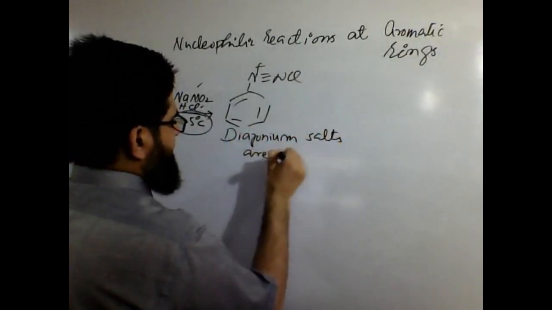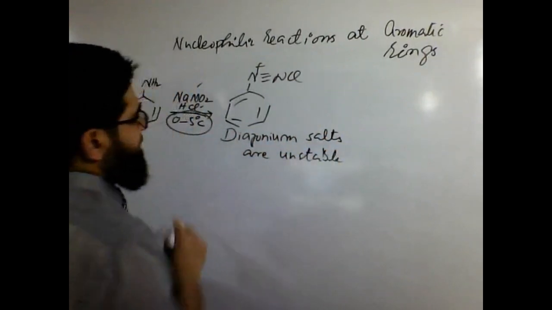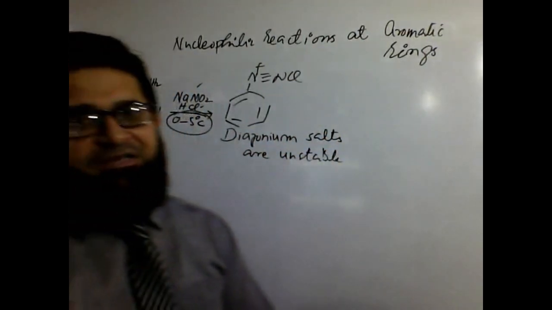Diazonium salts are unstable, so that's why we need to keep the temperature less than 5 degrees.